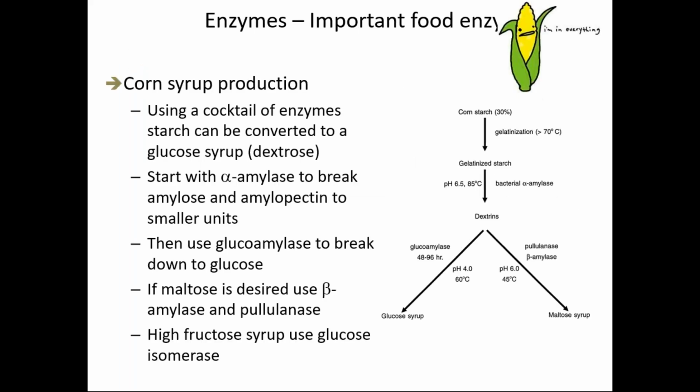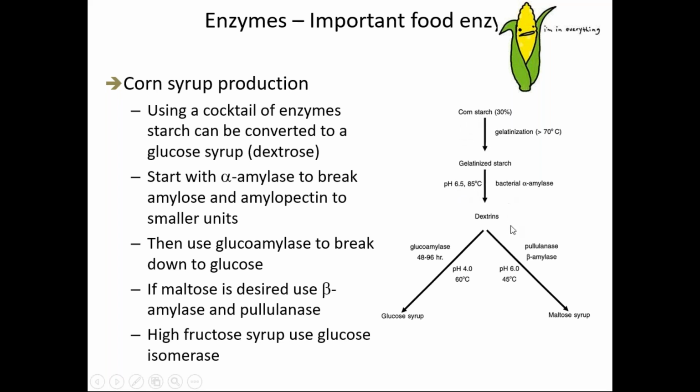So the enzymes are useful for making high fructose corn syrup, because high fructose corn syrup is made from corn starch. So initially in the preparation of high fructose corn syrup, gelatinization of the starch is brought about, and then bacterial alpha amylase is added at pH 6.5 and at very high temperature.